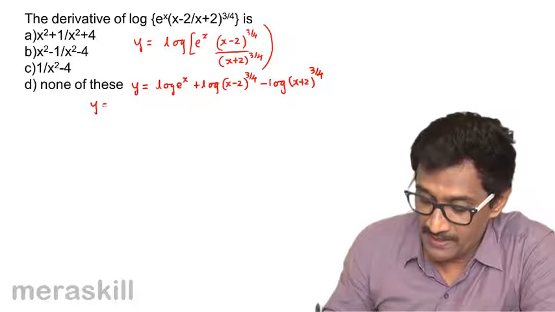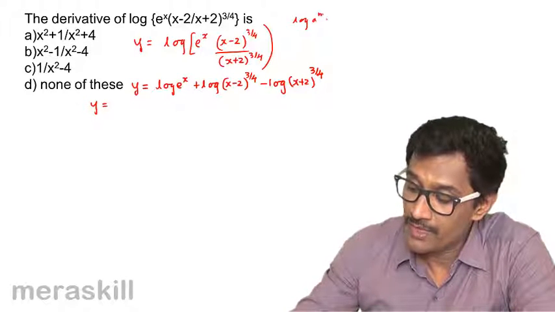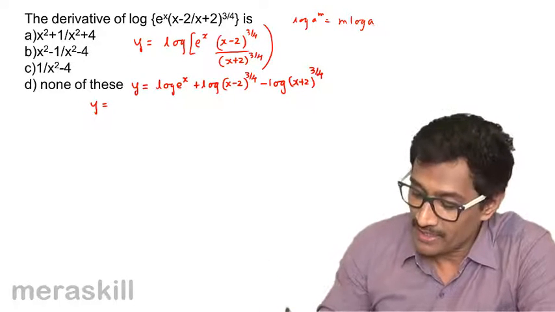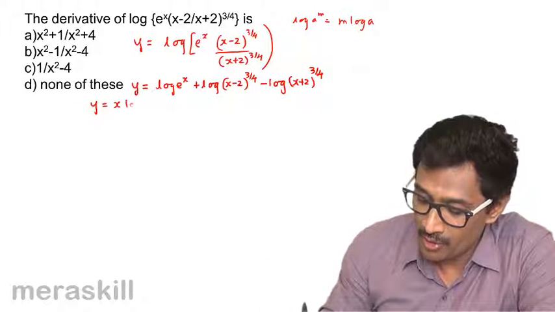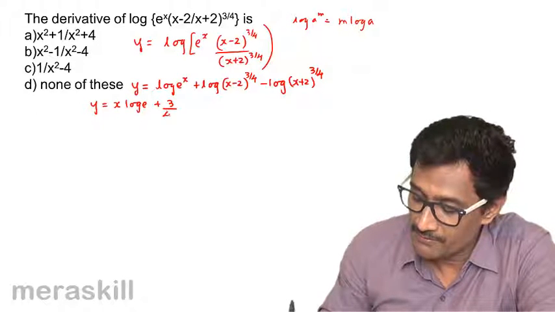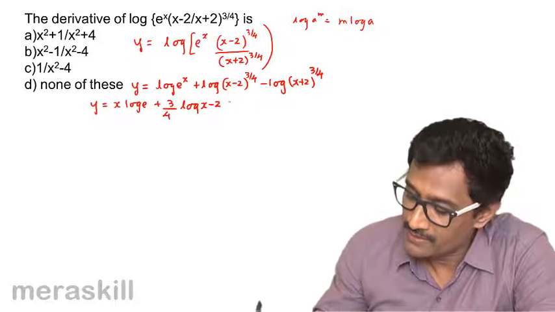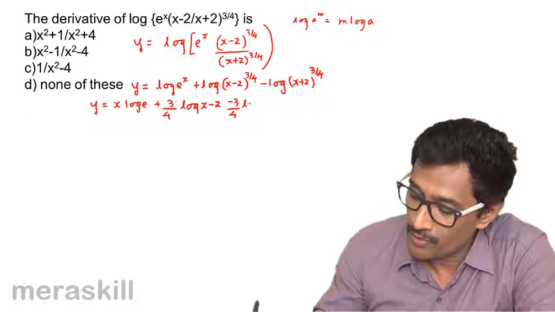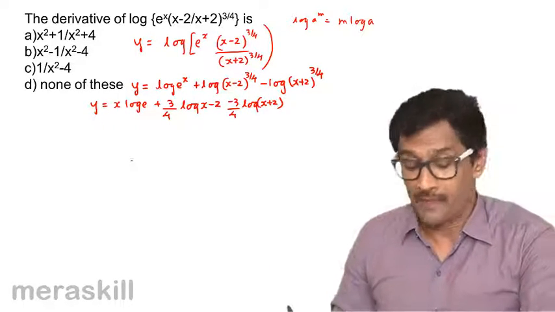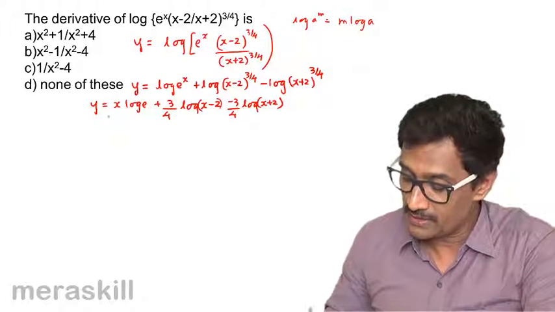Further we simplify, log of a raised to m is nothing but m log a. So hence this becomes x log e plus 3 by 4 log x minus 2 minus 3 by 4 log x plus 2. Alright. Now the entire expression has been neatly converted into a simple expression.